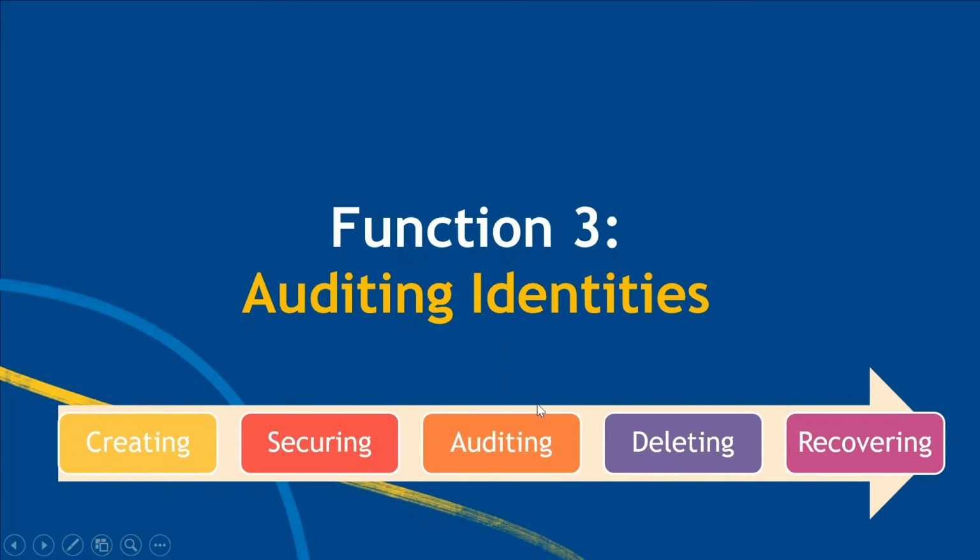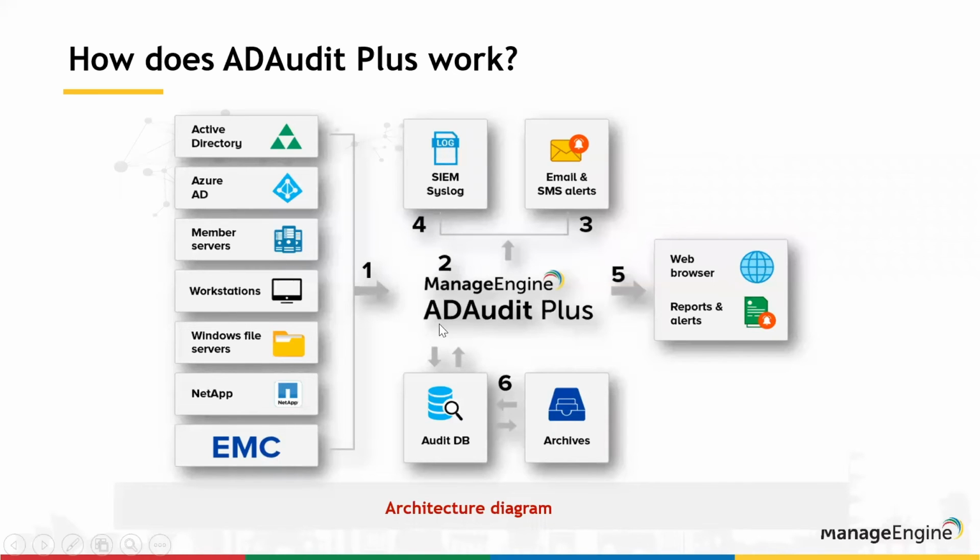Now, we have this module called AD Audit Plus that takes care of your Windows security auditing needs, okay? Now, AD Audit Plus is, again, another module of AD360, okay, that does Windows security auditing. So it reads information not just from your on-prem Active Directory, it also reads information from your Azure, from your member servers, workstations, Windows file servers, NetApp, and EMC systems, right?